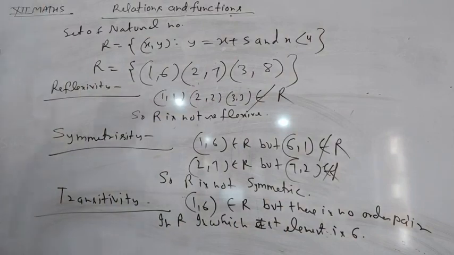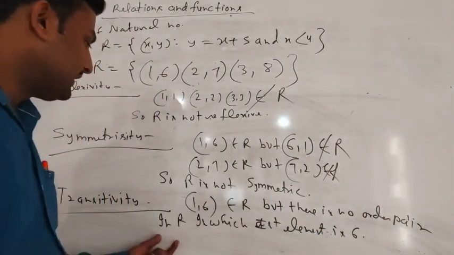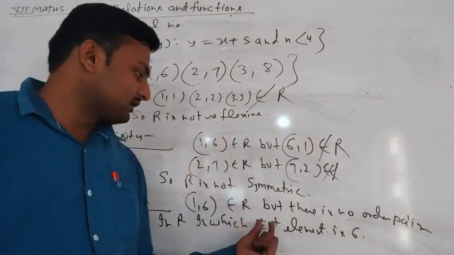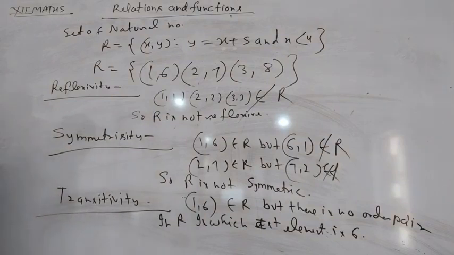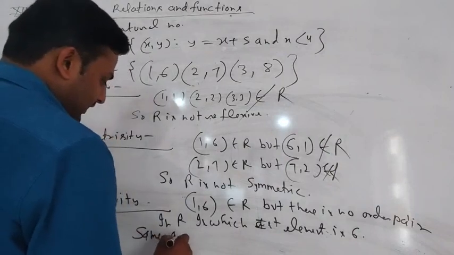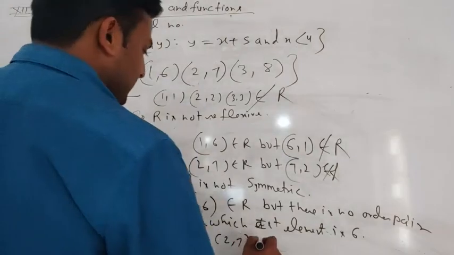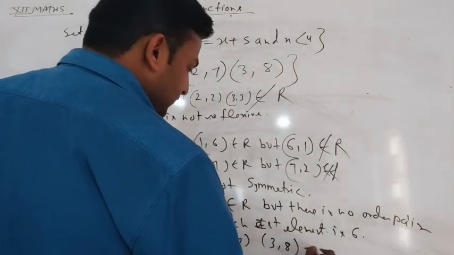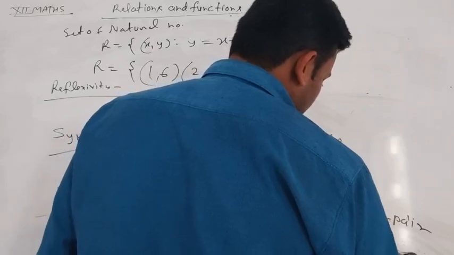And the same is true for (2, 7) and (3, 8). This implies R is transitive.